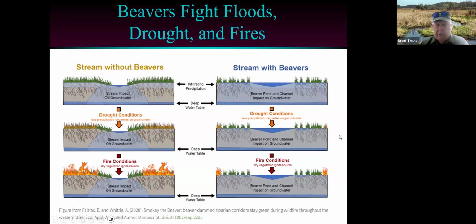And that has important implications when you're under fire conditions. So you can see here, if there's a forest fire, a wildfire, you have plants that are dry out here, and you only have a very narrow area where you have wet vegetation. Whereas around a beaver pond, you have a much broader area of wet plants that don't burn.